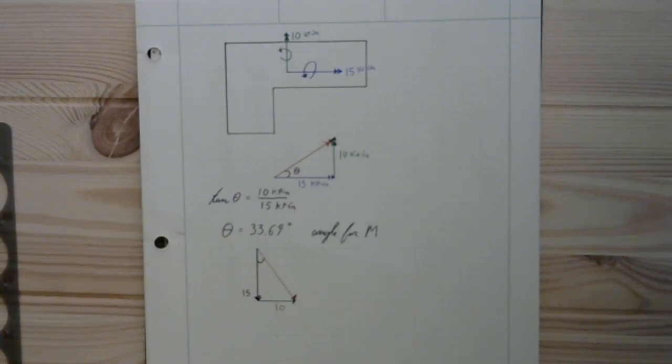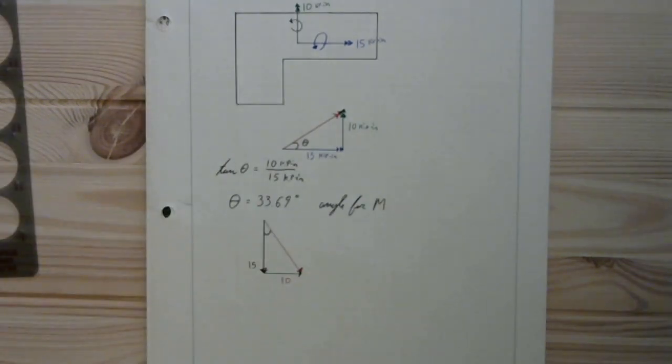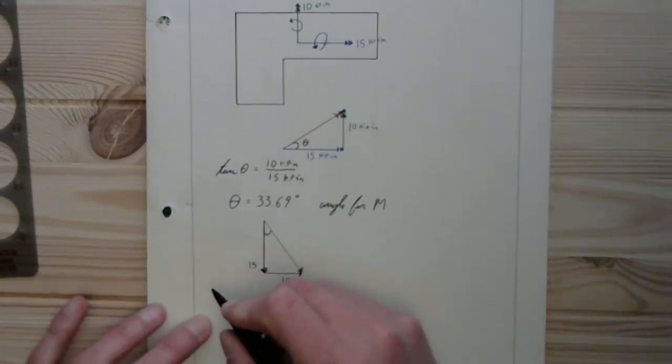So let's do that. Now that we have the angle that the moment is acting at, 33.7, we can find the angle that the neutral axis is at. So that's going to be an application of this equation.